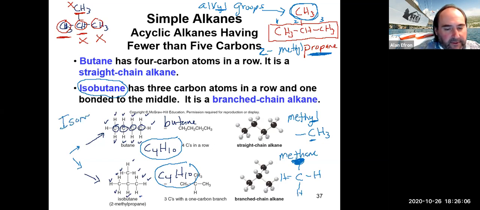So isomers are organic guys that have the exact same molecular formula as we see here. They both have 4 carbons. They both have 10 hydrogens, but they have a different connection, and that different connection gives them different names and also gives them different properties. Any questions on that there?